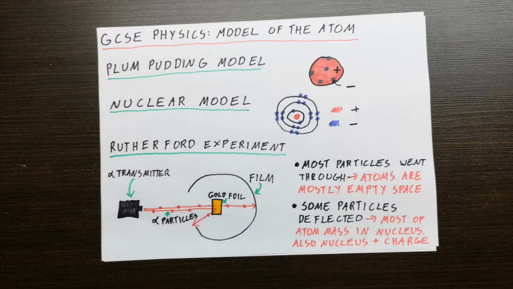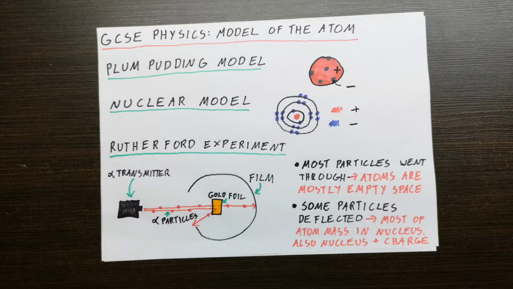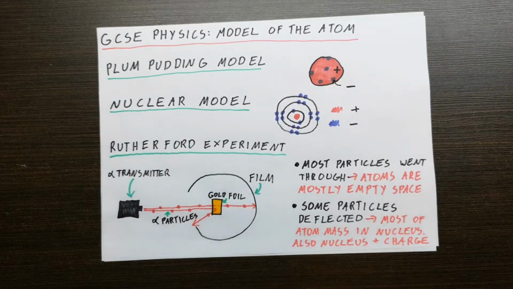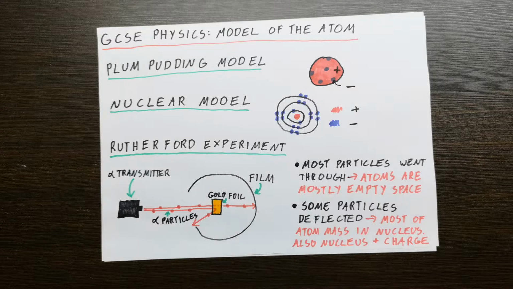Hence the name plum pudding, whereby the positive charge is the pudding in the bowl, and the negative charge areas are small plums inside the bowl. That's how the plum pudding model was brought about, and it was widely accepted until a certain experiment, the Rutherford experiment, essentially disproved that model.